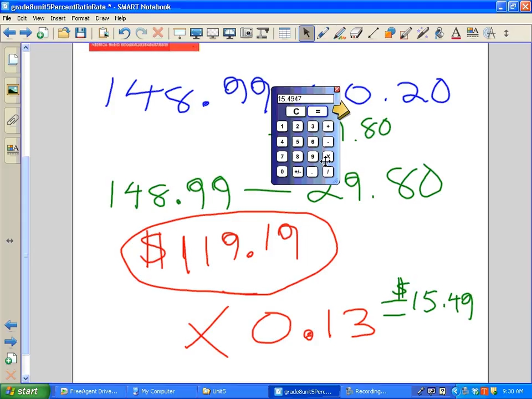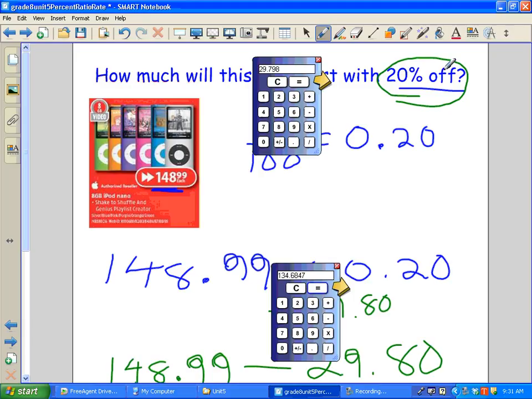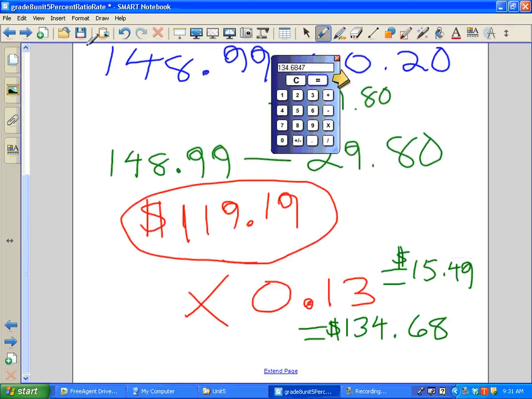Okay, so we'll add that on to 119.19, and the total we're going to pay for this item is $134.68 for this iPod. So 20% off is a pretty good deal. So whenever you see off, let's take it away. But don't forget to add your sales tax at the very end.